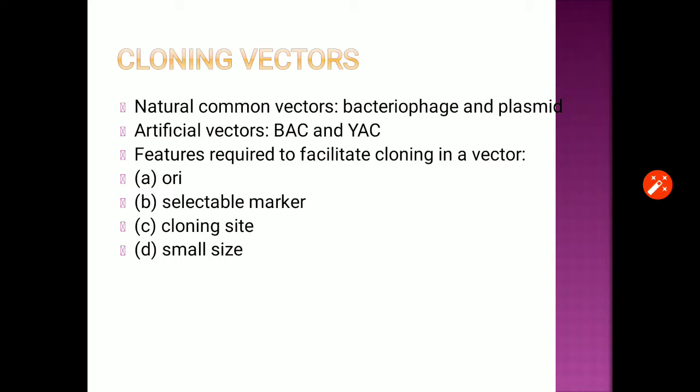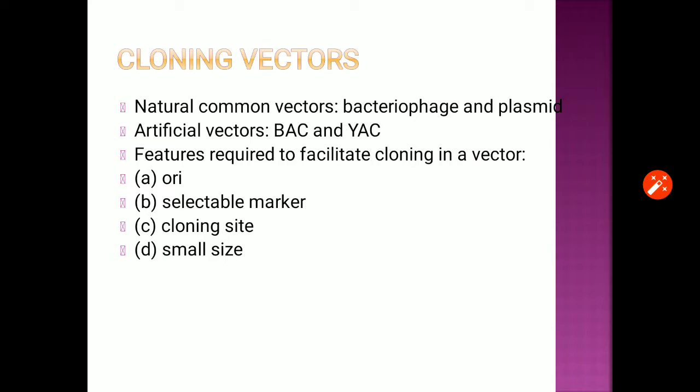Basically, there are some vectors which are involved only in the transfer of genes from one cell to another cell, but there are some others which transfer the gene as well as help in cloning of the gene. That means making multiple copies of a gene. So those vectors which are involved in generating the multiple copies of the gene are termed as the cloning vectors.